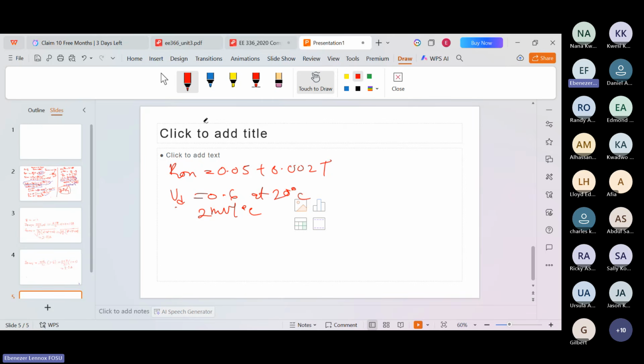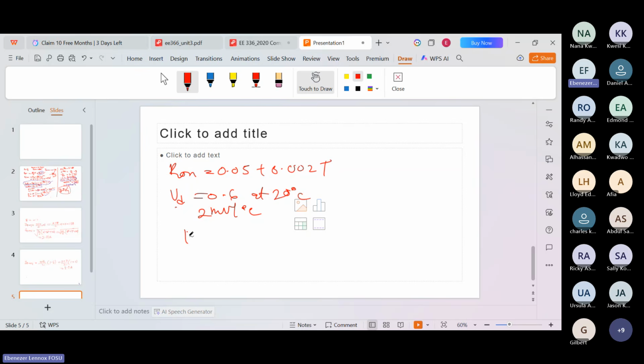So this is the information from the data sheet, right? The IGBT on-state resistance is given by this expression, which depends on temperature. So it increases with temperature, and the voltage drop decreases with temperature, right? So that means we have to calculate the resistance.